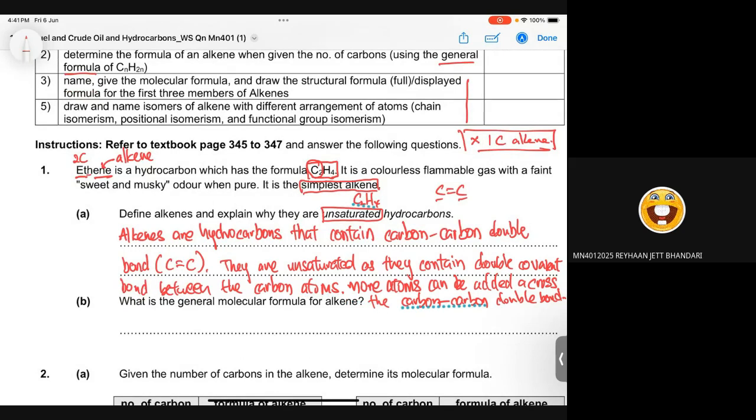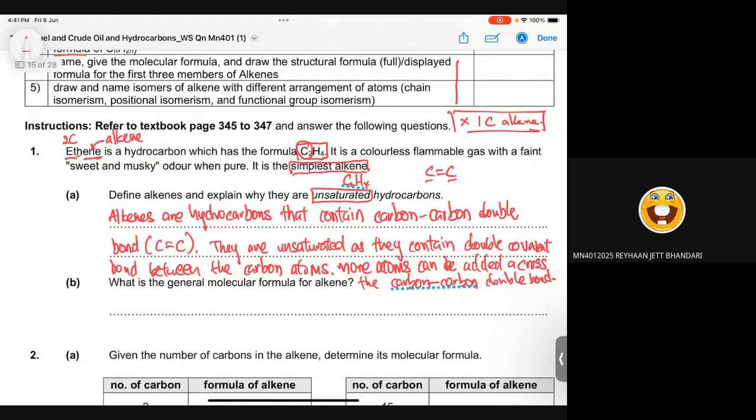Okay, so right now I'm going to share with you the general molecular formula for alkene. But before we go into that, Ryan, tell me what's the general molecular formula for alkane?